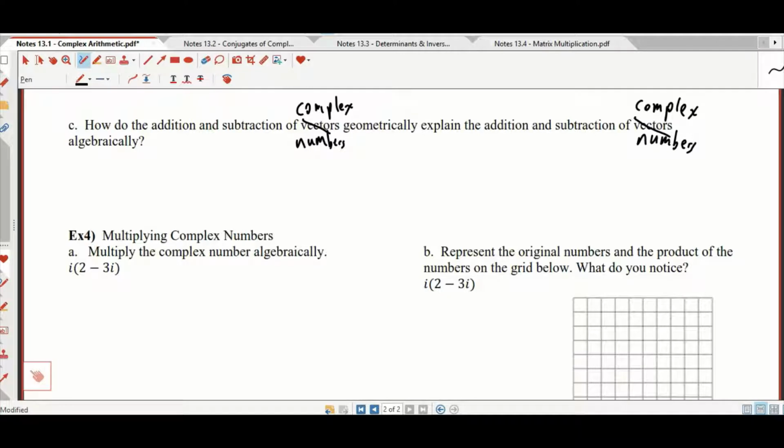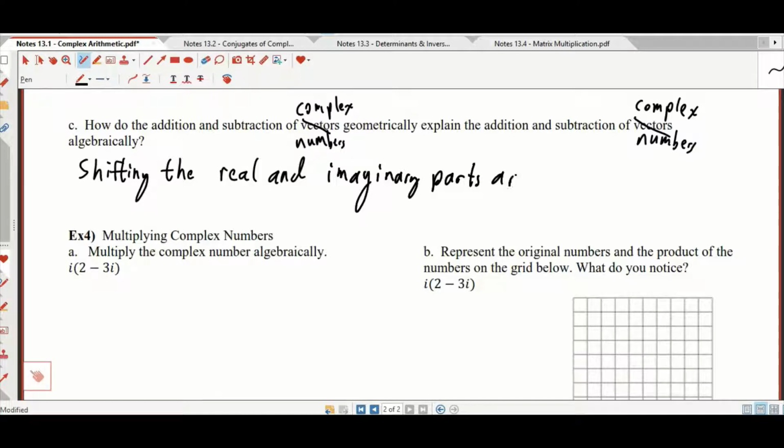Well, I would say that we are shifting the real and imaginary parts around, right? Like by subtracting, you're just moving things left and down, or up and right if you're subtracting negatives and so on.